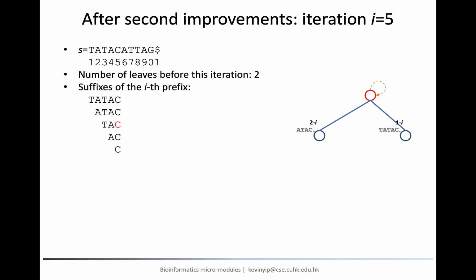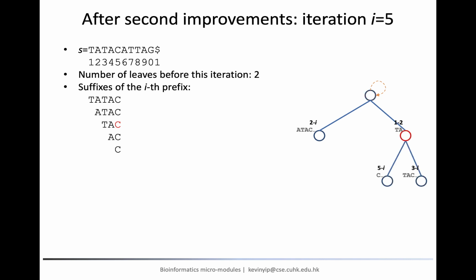Now we start iteration 5, and we skip the first two insertions. The third insertion is about the suffix TAC. The current node already has a child with label starting with T. We do not need to check whether the second character of the node label is A, since it must be the case given that its length is longer than 2. We do need to check whether its third character is C and find that it is not.